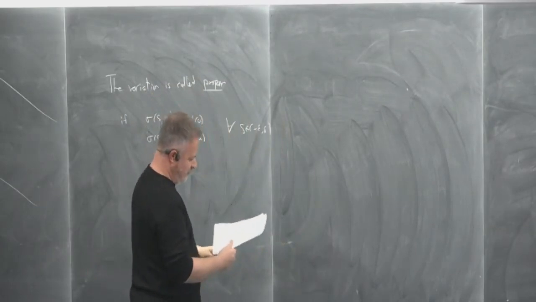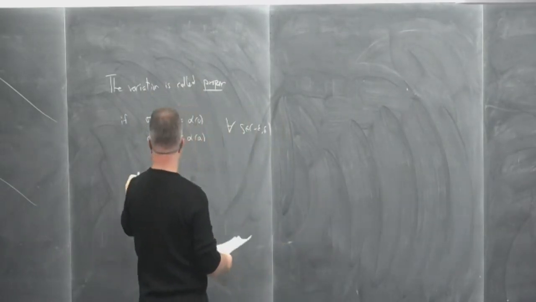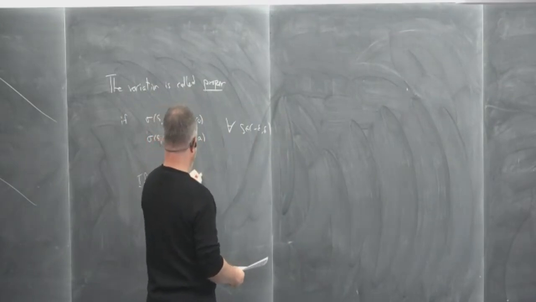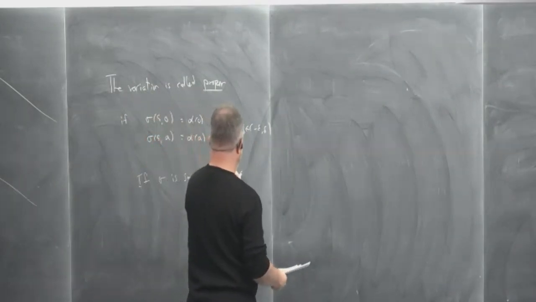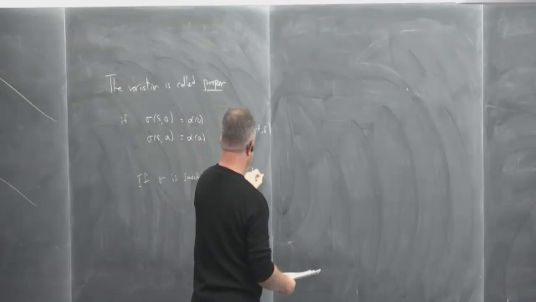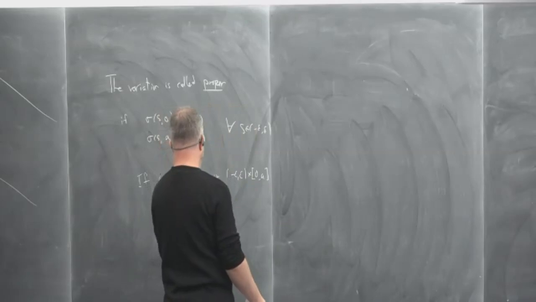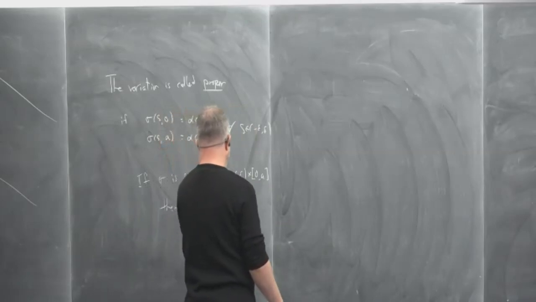And finally, if sigma is smooth on the whole domain, then the variation is called smooth, and it's called a smooth variation of alpha.